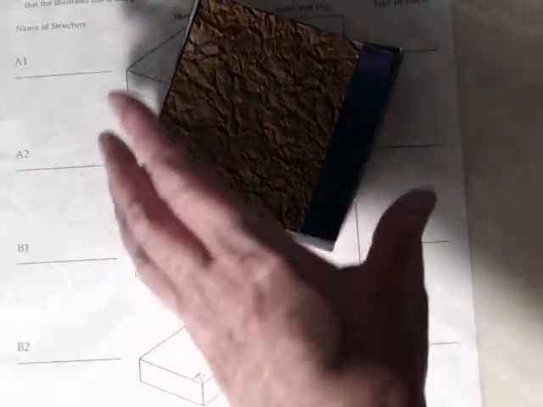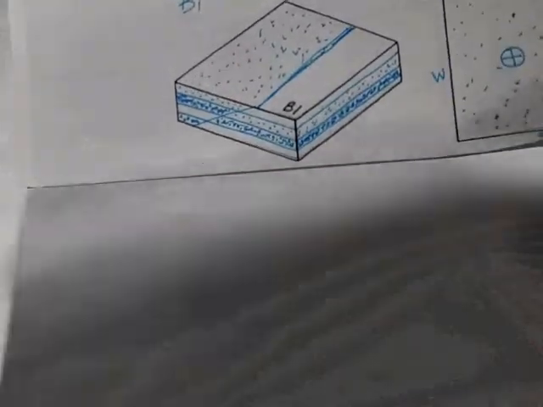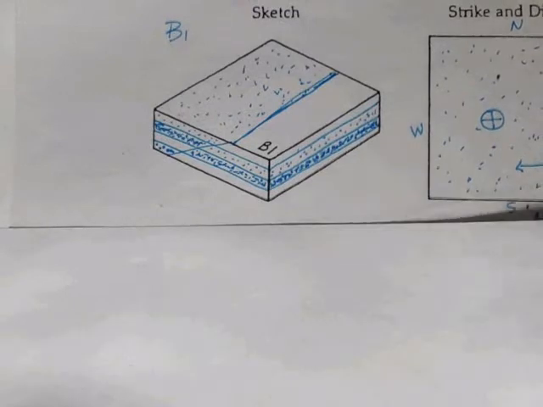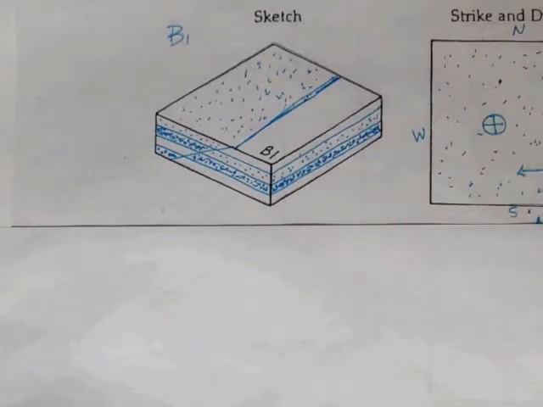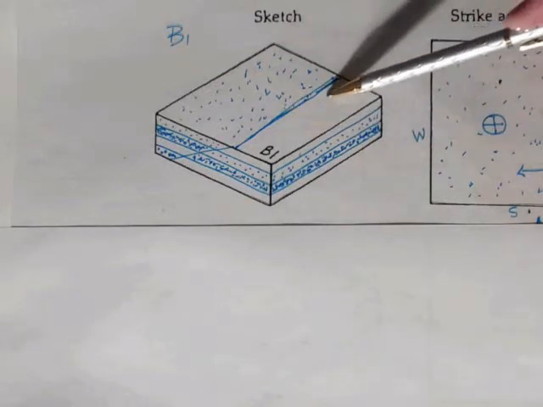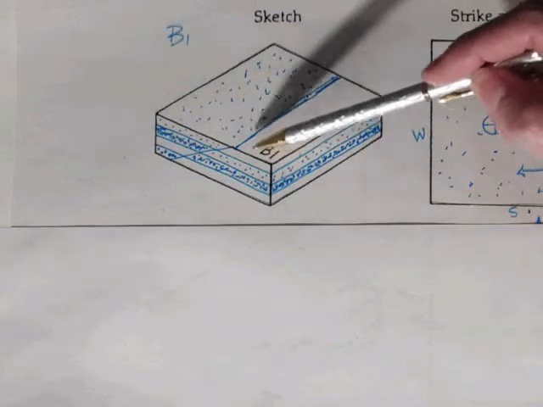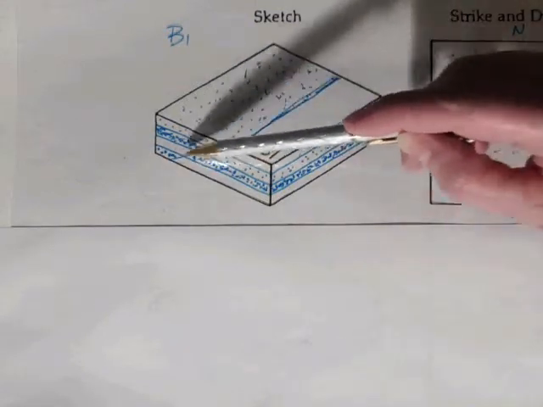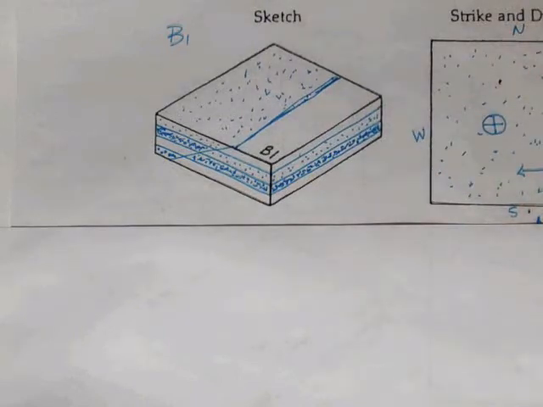If you need to take a moment, go ahead and get those sketches done for B1. We'll orient that B1 in the lower right-hand corner there. And if you'll notice, we do have a fault line running along, a break or a fracture in the rock.